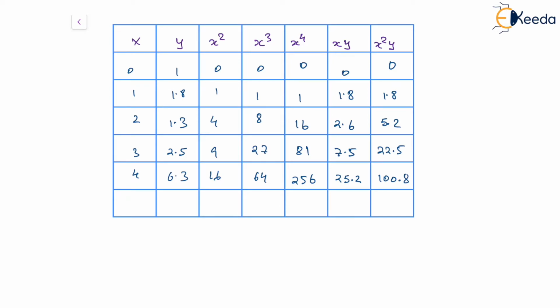Now we'll also find the summation of all such values, and we'll get the totals: summation of x is 10, summation of y is 12.9, summation of x square is 30, summation of x cube is 100, for x to the power of 4 it is 354, summation of xy is 37.1 and summation of x square y is 130.3.